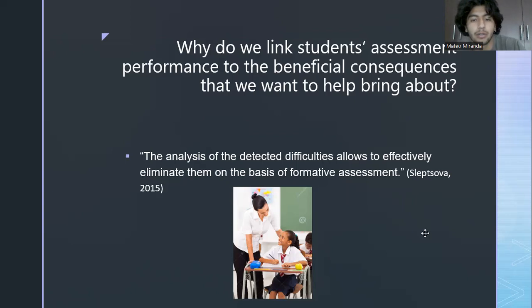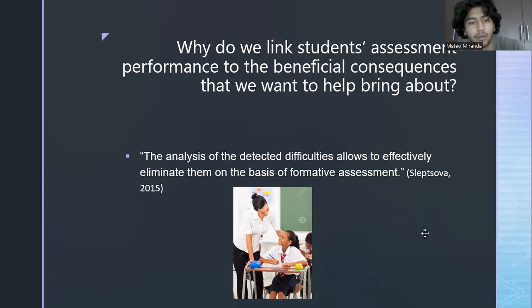That's why their performance helps us evaluate ourselves and them, and that is why we are going to help them in the future.